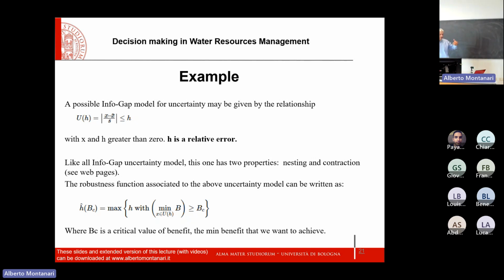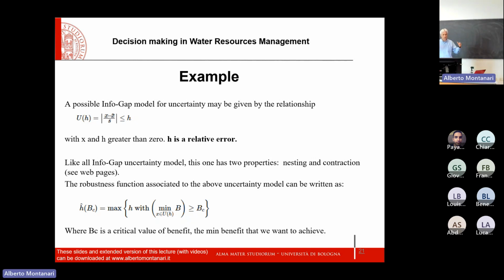So let me just summarize this step here. I admit that there is a prediction error S. I fix that S, like in water resources availability, is an assigned volume of water.